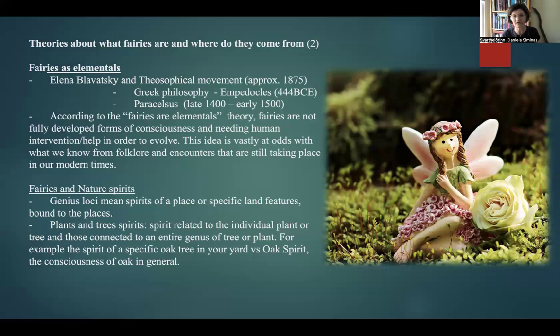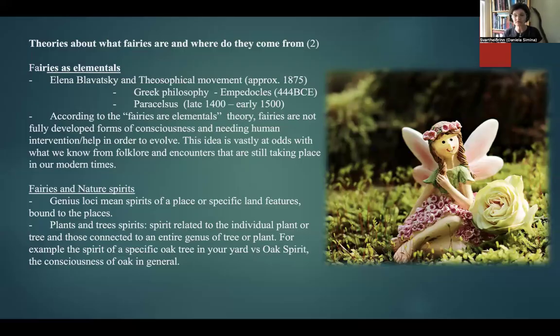Plant and tree spirits. We have spirits that are related to the individual plant, like one of the oaks or pine trees growing in my backyard. This is an animistic perspective, understanding that there are various forms of consciousness. Consciousness is not something that only humans have. Animals, plants, rocks, different forms of consciousness, all worthy of respect.